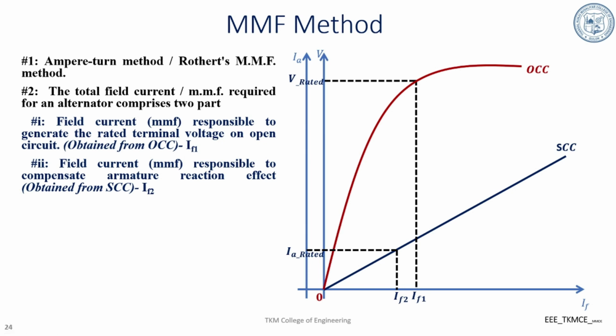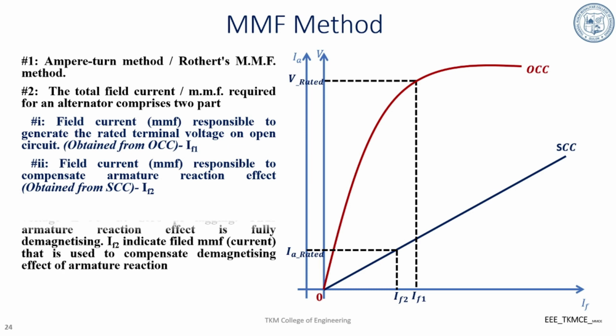IF2. We know in the equivalent circuit of an alternator, the total impedance comprises leakage reactance, armature reaction reactance and armature resistance per phase. The values of leakage reactance and armature resistance are very low. So if we neglect these values in the equivalent circuit, the current is flowing through a pure inductive coil, that is the fictitious armature reaction reactance.